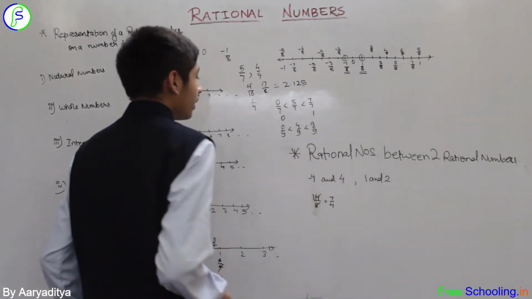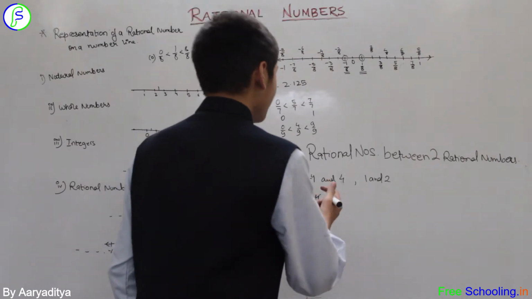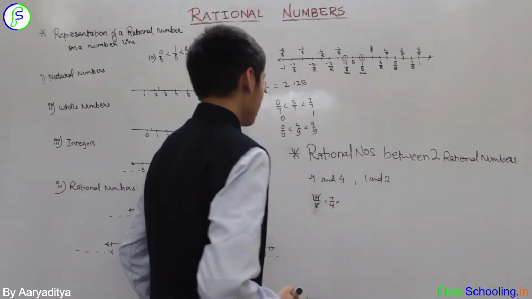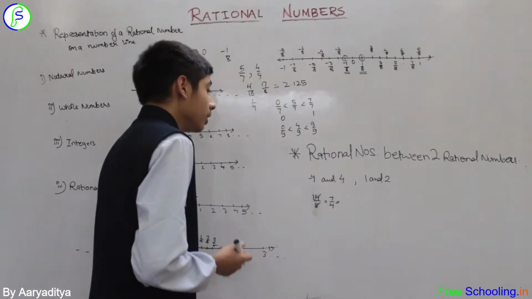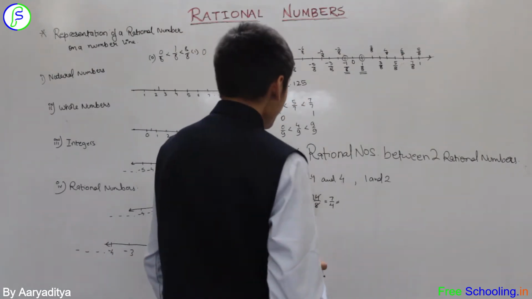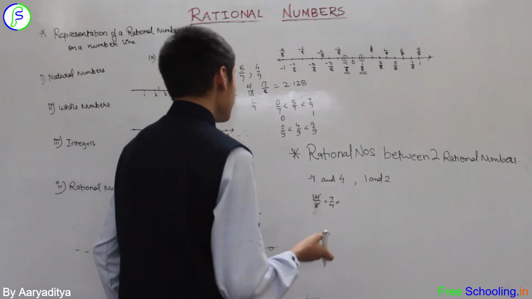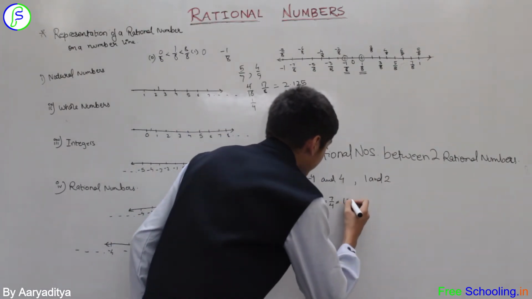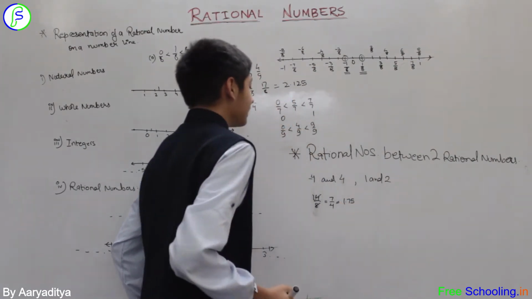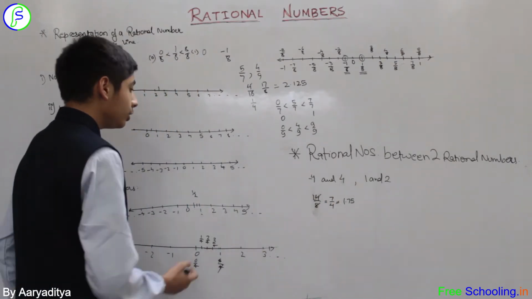And the decimal form of the fraction will come out to be 1.75. So I got 1.75. So this determines that the number lies between 1 and 2.